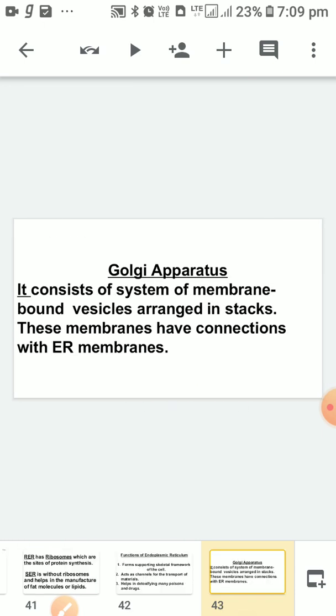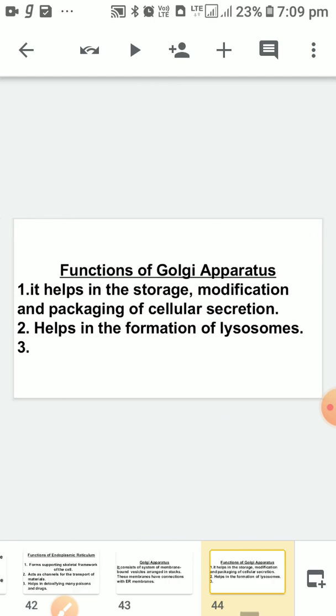Now our next organelle is Golgi apparatus. It consists of system of membrane bound vesicles which are arranged in stacks. Stacks means the layer type of. These membranes have connections with ER membranes or endoplasmic reticulum. The function of Golgi apparatus is it helps in the storage, modification and packaging of cellular secretion.